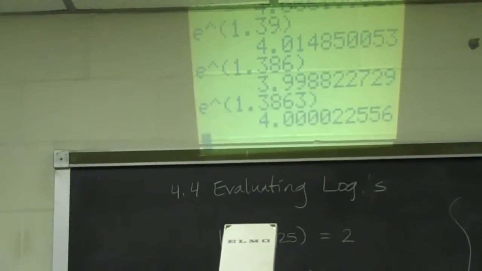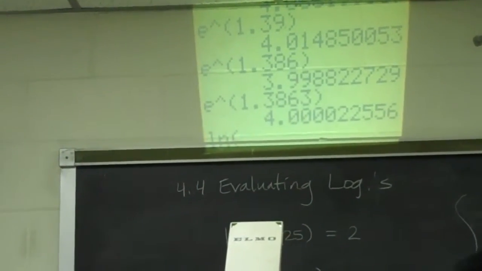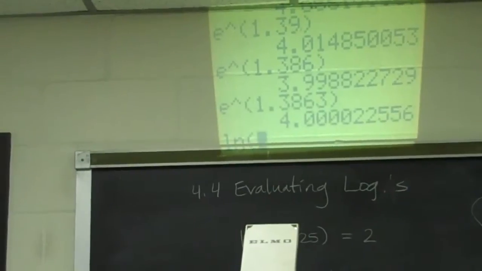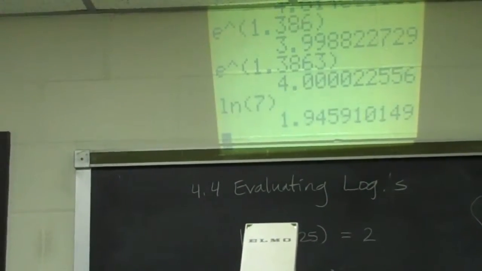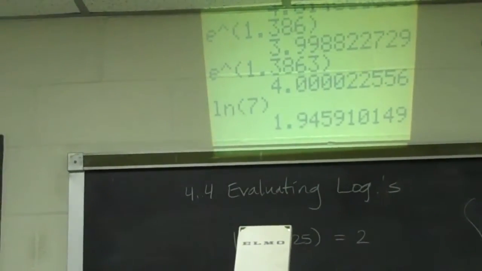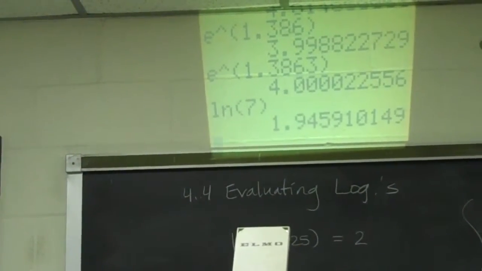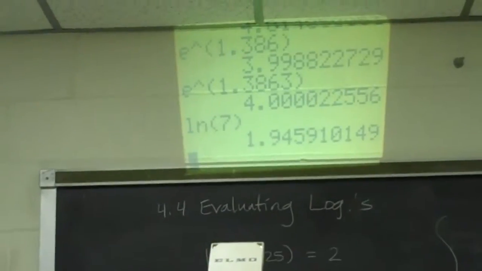Let's take the natural log of some other numbers. Alright, so the natural log of... Denise, what's your favorite number? 7. That's a great one. It's that. Is it everything you hoped and dreamed it would be, Denise? Yeah? Oh yeah, of course.